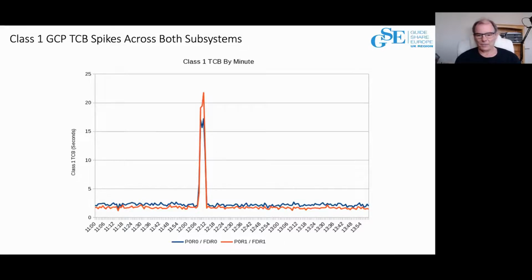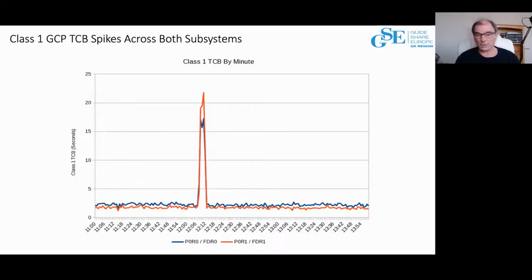But there's a bias most of the time towards the blue subsystem as opposed to the red one. But when we spike, there seems to be more in the red one than the blue one. Not sure there's much in that, but there's a systematic bias here between one of them and the other one.